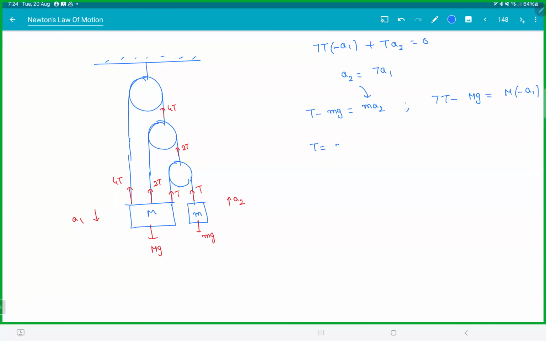So T would be mg plus ma1. Take this T and substitute here. 7 mg plus 49 ma1 minus Mg is minus Ma1. A1 would be 7 mg minus Mg by, there was actually M minus 7 small m g by M plus 49 small m. Check.